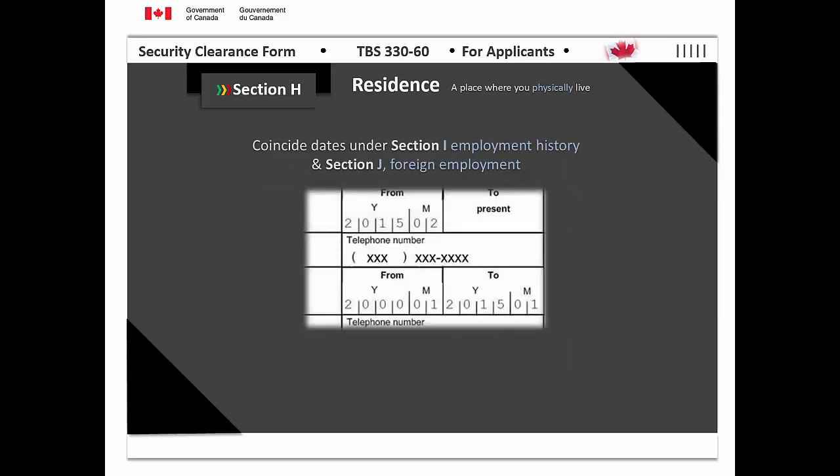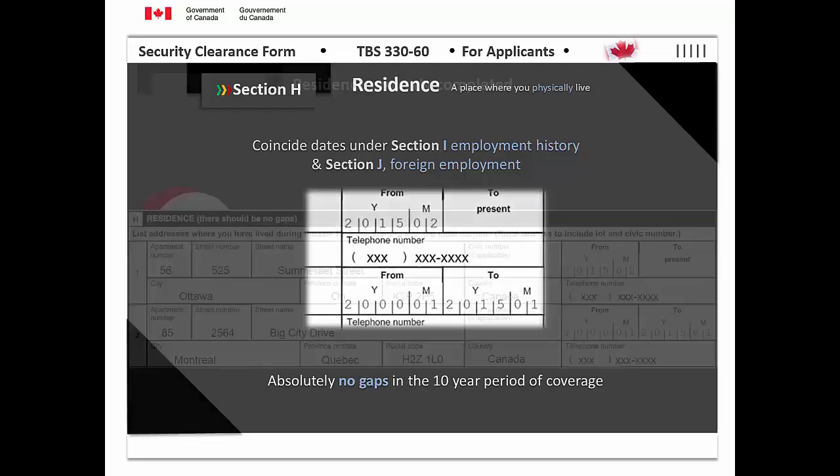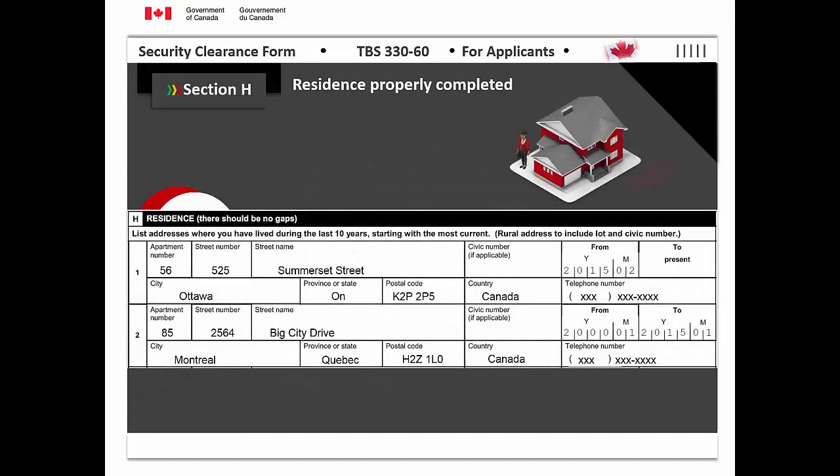Your residential history must coincide with other dates within the application, such as Section I, Employment History, and Section J, Foreign Employment. Make sure there are absolutely no gaps in the 10-year period of coverage. Here is an example of Section H, properly completed.